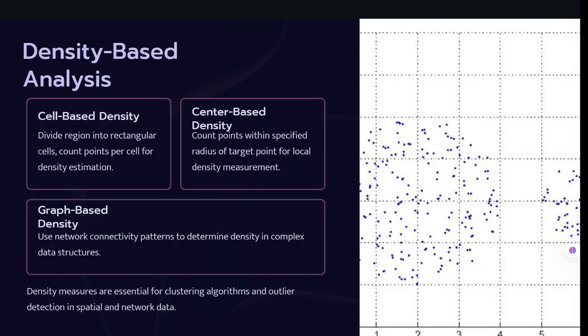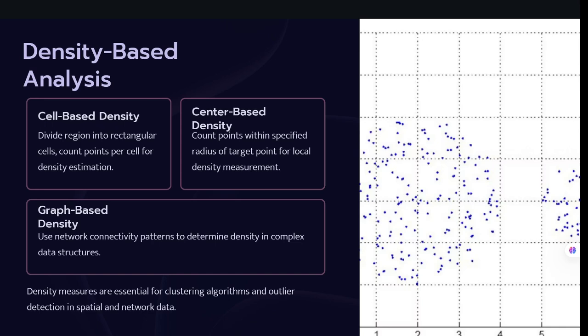And the last one is density-based analysis. Density-based analysis looks at how tightly points are grouped, and we have cell-based density, which means dividing space into a grid and counting points, and center-based, which is counting points within a radius, and graph-based, using network connectivity.